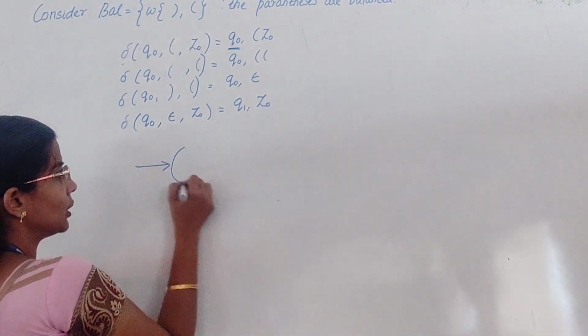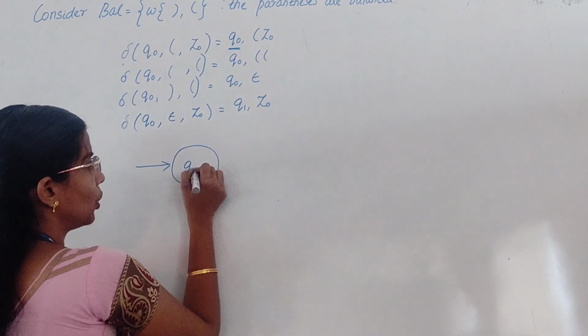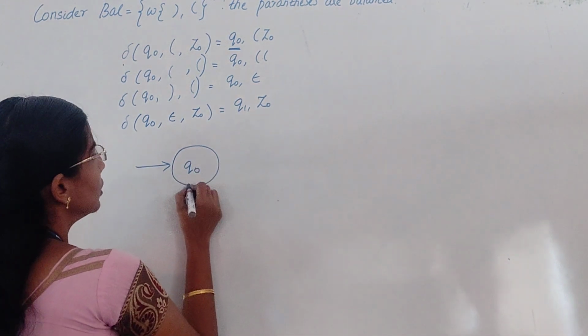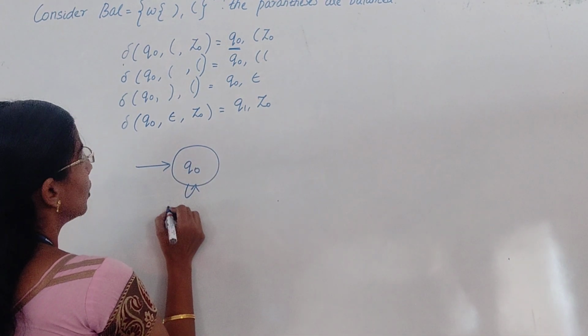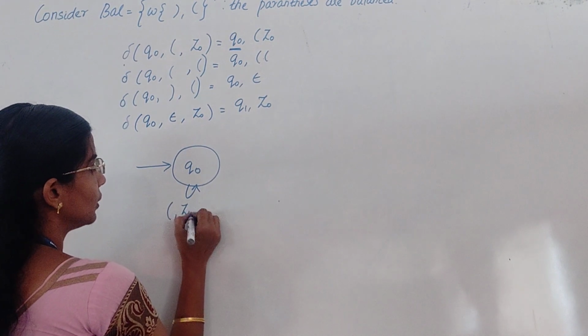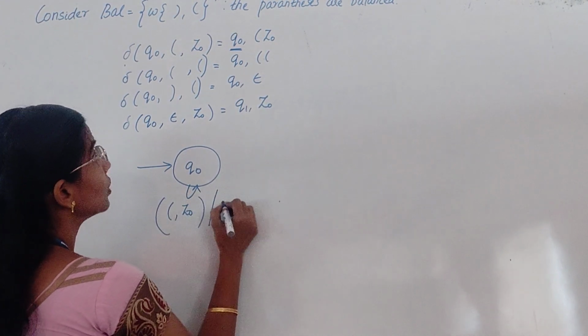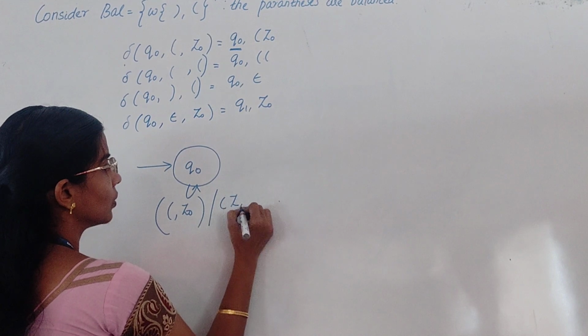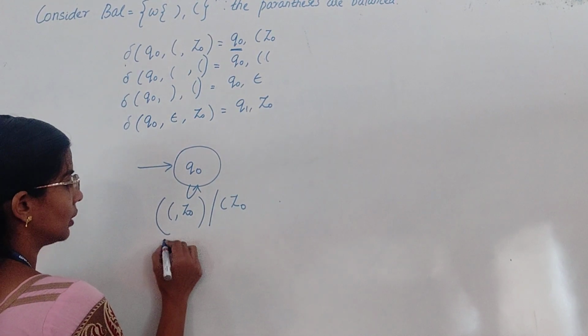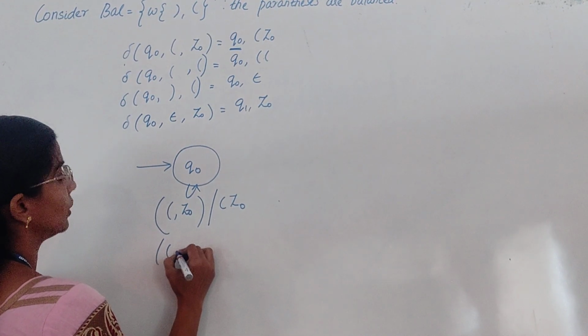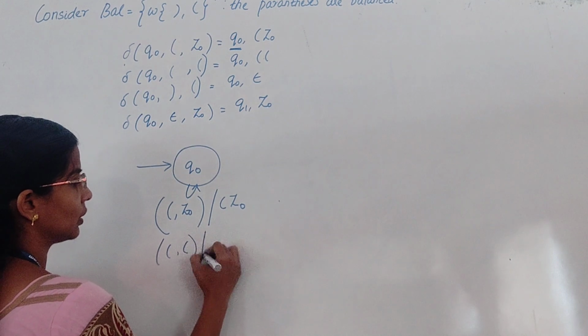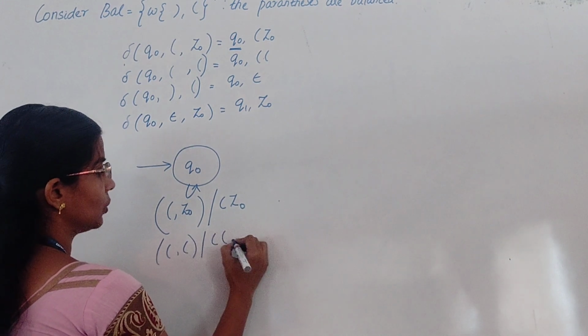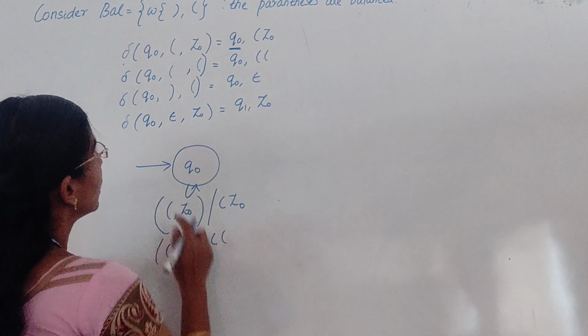How to draw the transition diagram? Q naught. It is open parenthesis, Z naught. Next it is open parenthesis, open parenthesis, open parenthesis, open parenthesis.